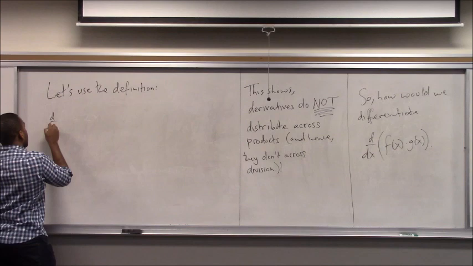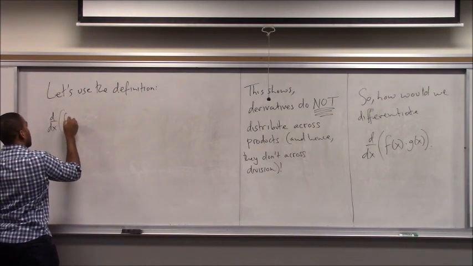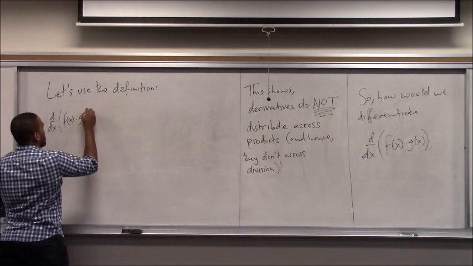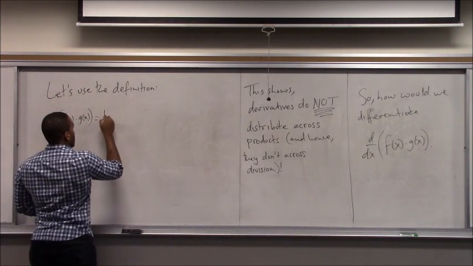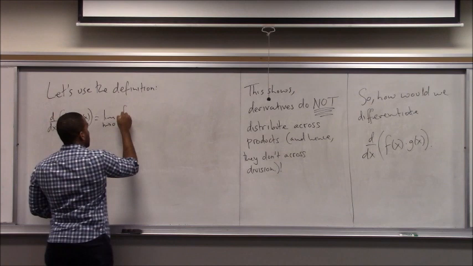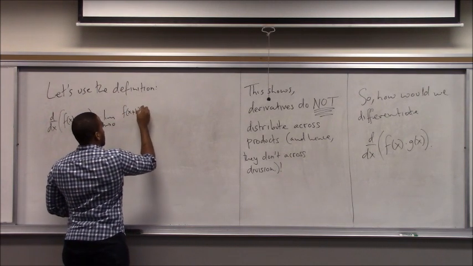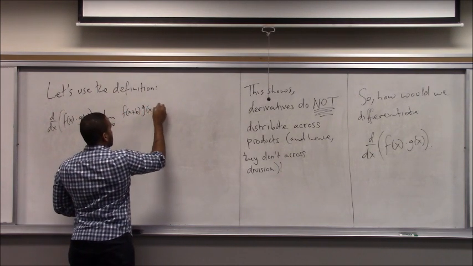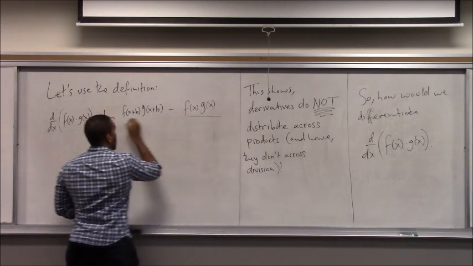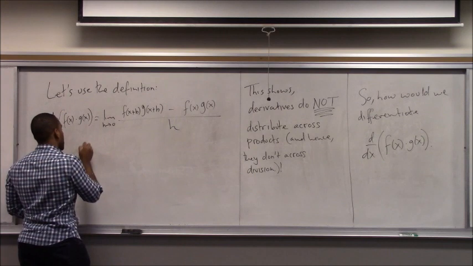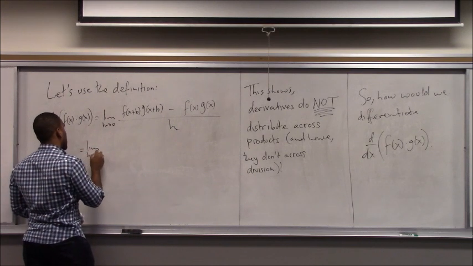If we wanted to find the derivative of f of x times g of x, what we would do is find the limit as h approaches 0 of the function with x plus h minus the original function, all over h.